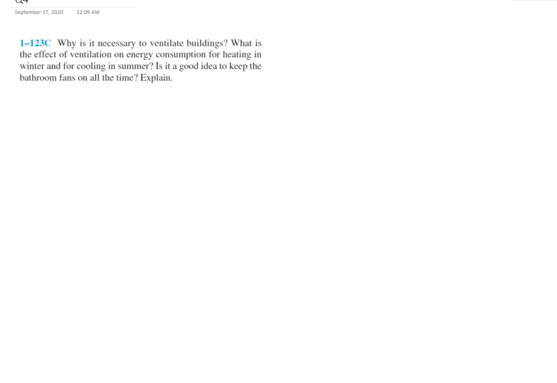But with ventilation, you're taking out air that's conditioned, that's warm, and bringing in air from the outside that's not conditioned, and so that affects energy consumption. With normal offices, usually you recirculate some of the air, so you're not having to recondition all of it. But with bathrooms, normally they don't. They'll send it right outside. And I'm sure you guys have seen a lot of that in your other classes.